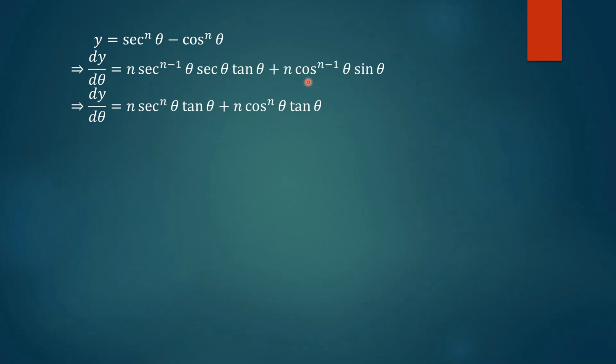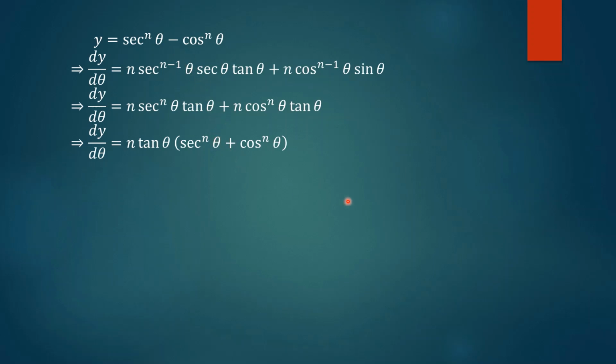Similar method, it is cos power n theta by cos theta. So cos power n theta is remaining same, and by cos theta combined with this sin theta, so sin by cos will be tan, taking tan theta common here. So n is common and tan theta is common, sec power n theta, then cos power n theta. Similar with this term, just the difference is positive and negative.